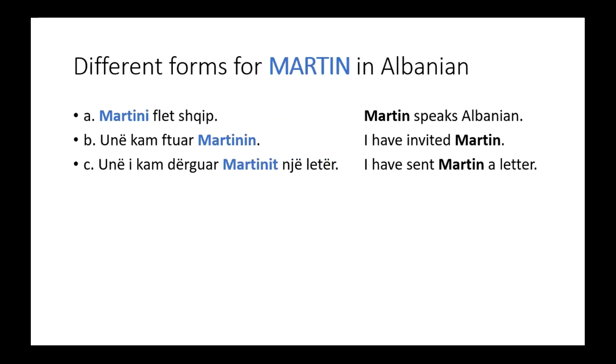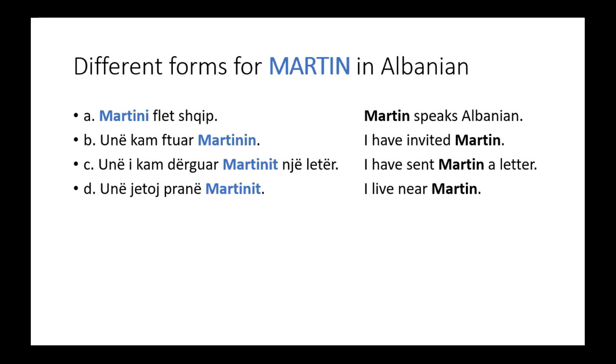Okay? Now, what happens if we have Martin as an indirect object? I have sent Martin a letter. You have to say unë i kam dërguar Martinit një letër, Martinit. Okay, so notice when we have a subject, we would say Martini. Direct object, we would say Martinin. Indirect object, we would say Martinit. Okay, what happens if you have a preposition?